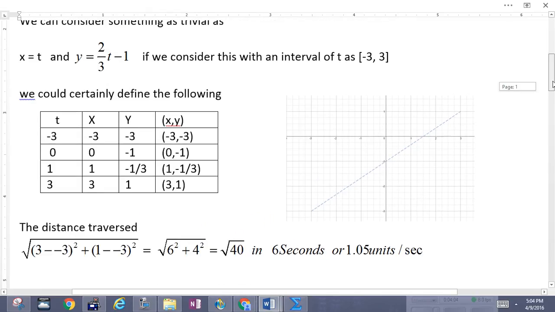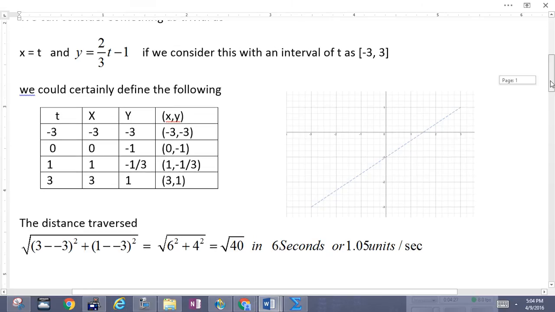When we defined this parametrically on this interval, we defined moving on this segment, that piece of y equals 2/3 x minus 1 from (-3, -3) to (3, 1), traversed at roughly 1 unit per second.